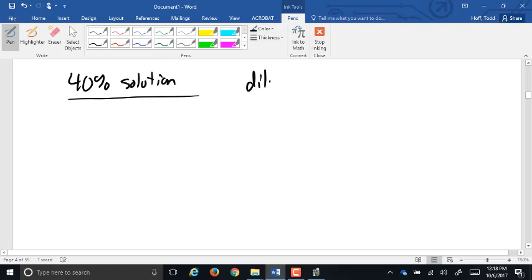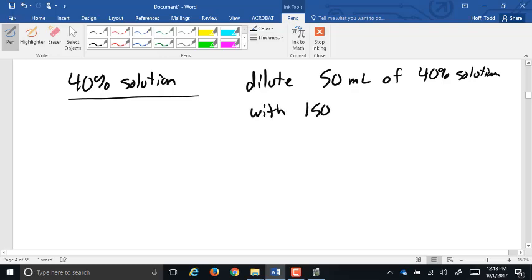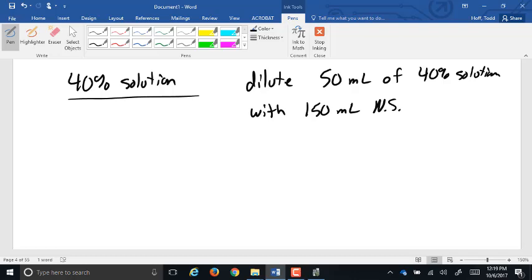And we are going to dilute 50 milliliters of that 40% solution with 150 milliliters of normal saline. The dilutions will allow us to figure out what our new concentration is, what our new percentage is here.